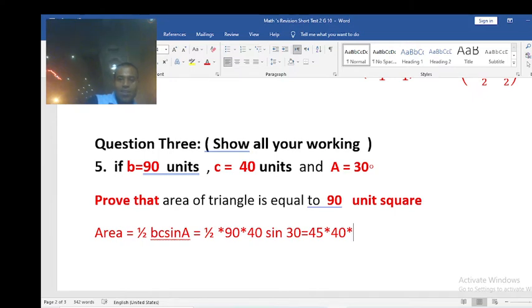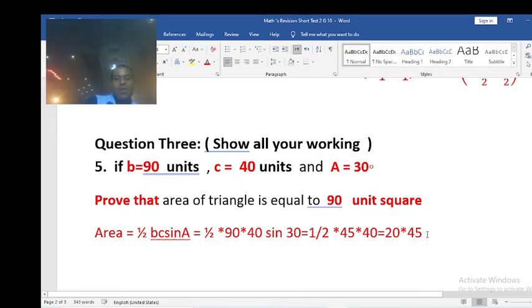I will write it in the beginning, so half here, multiply, so this one is equal to half, 90, 40, sine 30. Half of 40 is 20, multiply by 45.